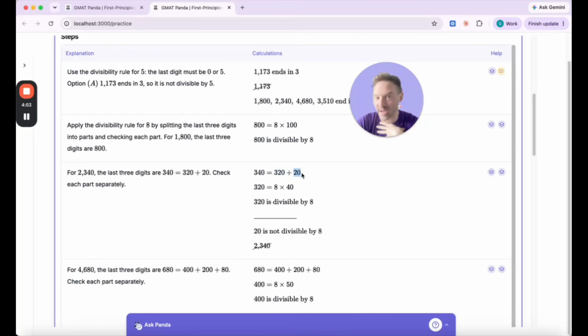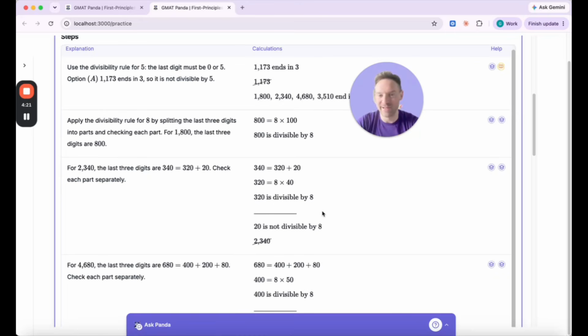We just need to check if the leftover or remainder is divisible by 8. And is 20 divisible by 8? Well, no, it's not, right? Because if we check, 16 is divisible by 8, 24 is divisible by 8, but not 20. And therefore, that one is not going to be divisible by 8, so we can cross it out.